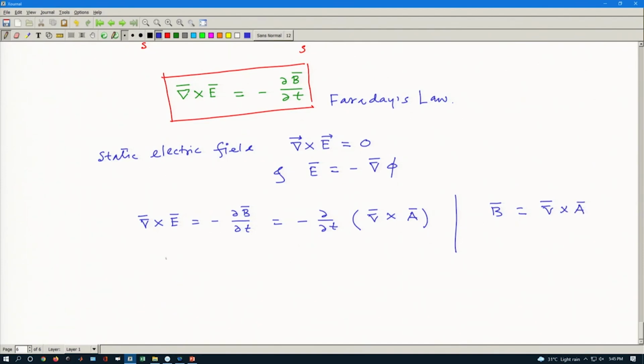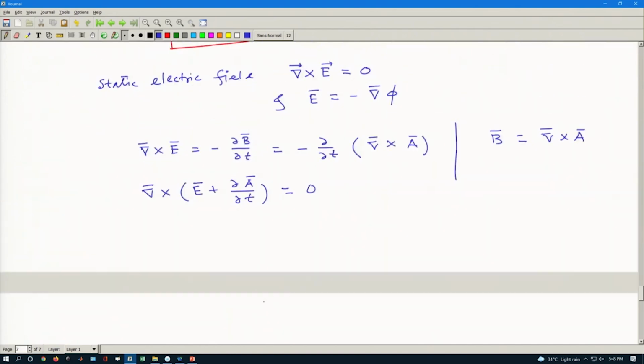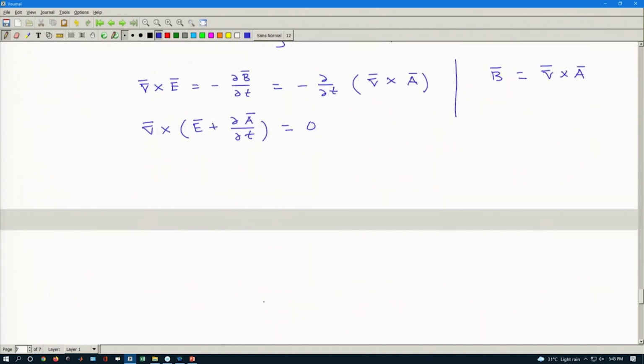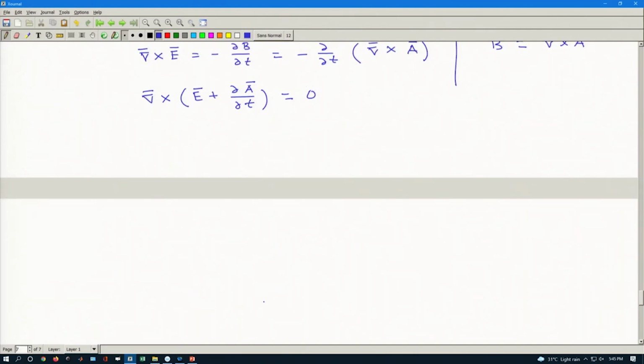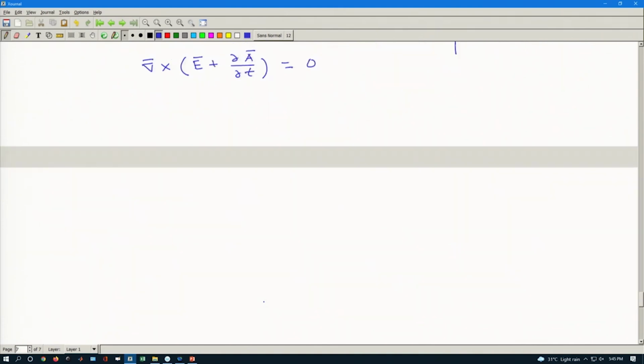So, that gives us curl of E plus del A del t equal to 0. Previously we had curl of E equal to 0, now we have an expression which says that curl of E plus del A del t equals 0. So, now I can write E plus del A del t as the gradient of some scalar field.